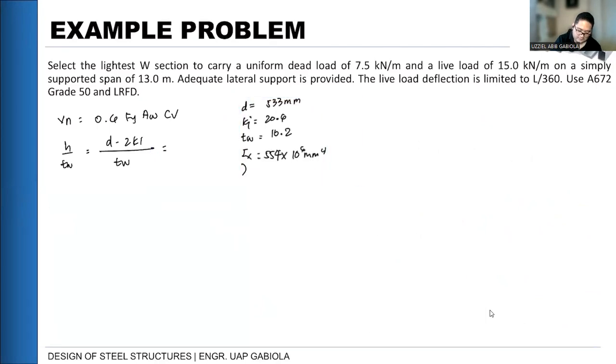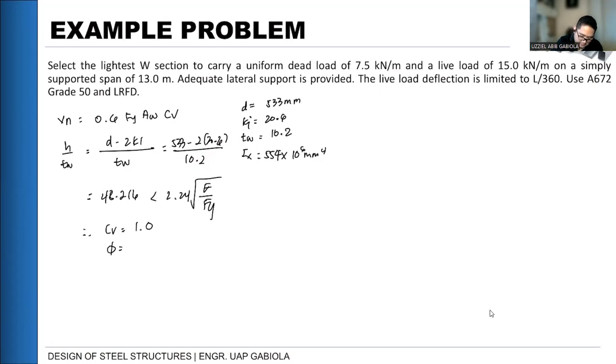So this will be 533 minus 2 times 20.6 all over 10.2. That is 48.216, which is less than 2.24 square root of E over Fy. Verify nyo na lang, pero 50 plus di ba yung value nito? So, sabihin CV natin equals to 1.0. So, ang phi natin is equals to 1.0.